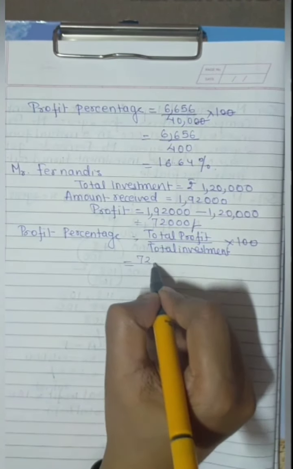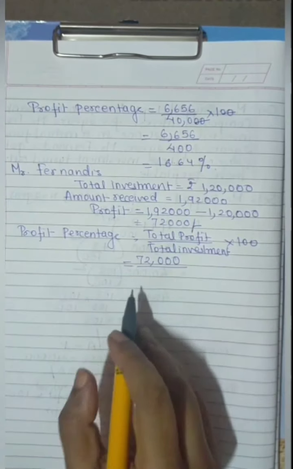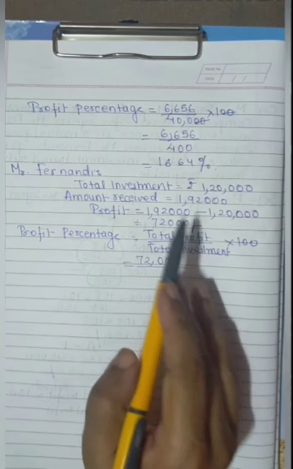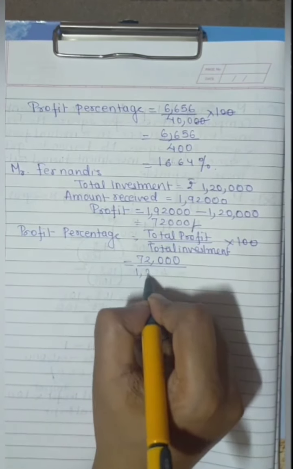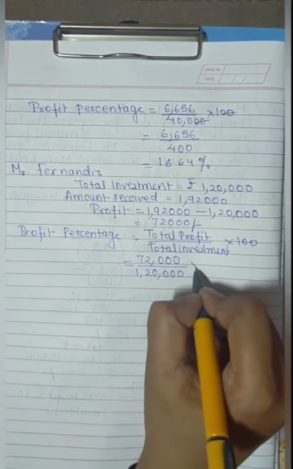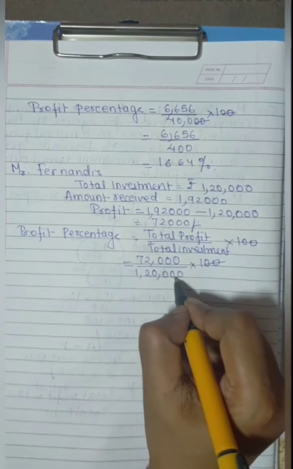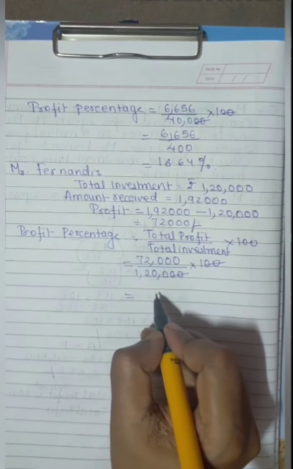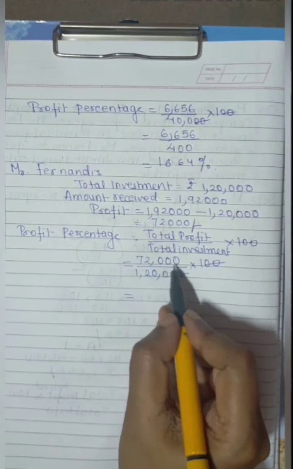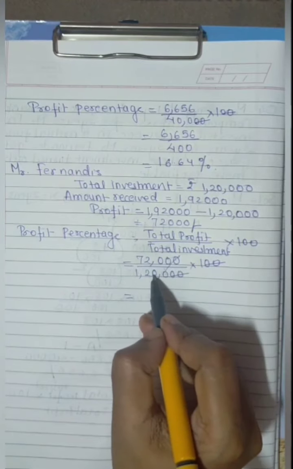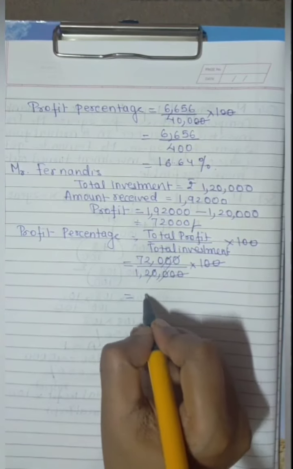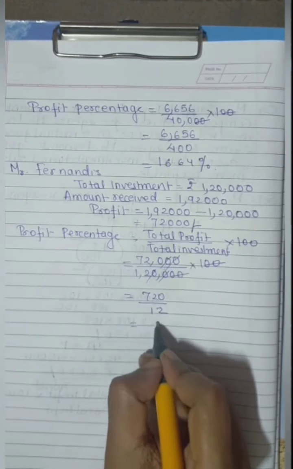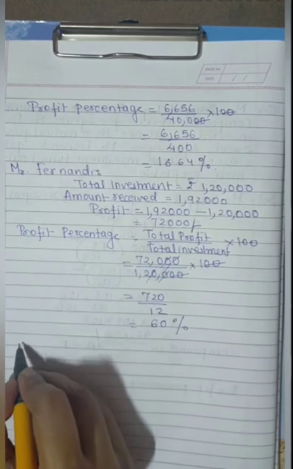Now here 72,000 is the profit and total investment was 1,20,000 multiplied by 100. These both will cancel. Now what remains after cutting all this? 720 upon 12 remain. After dividing these both, we'll get 60%.